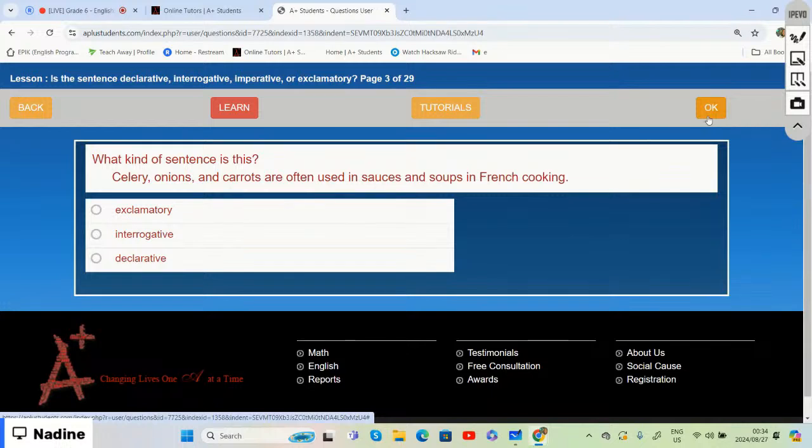So is it option one? Is it option two? Or option three?